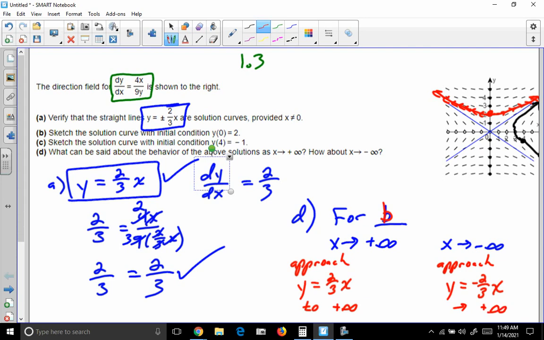So they just want to know which curve are we following. As we go to the right, we're following y equals 2/3 x. As we go to the left, we're following y equals negative 2/3 x. When we go to the right, we're going up forever. When we go to the left, we're going up forever.